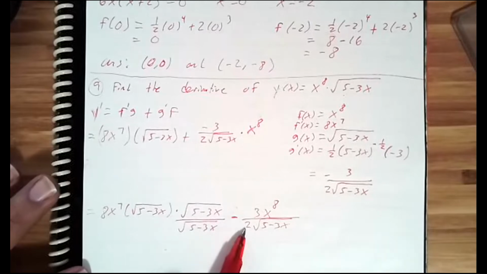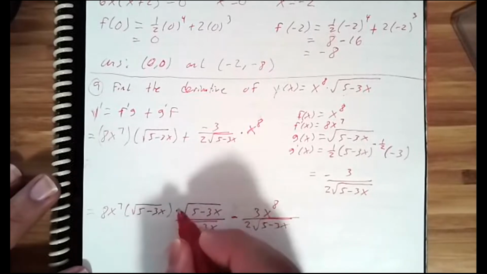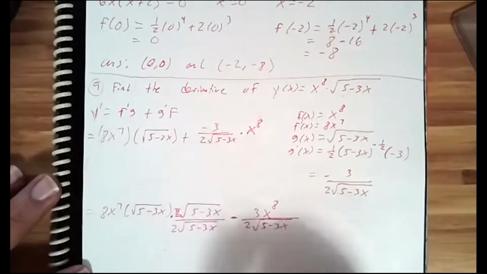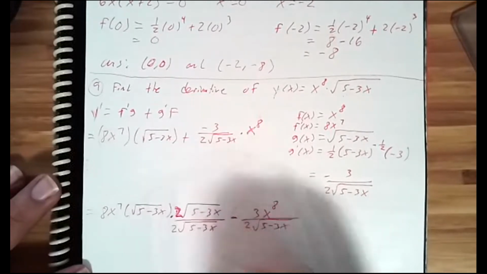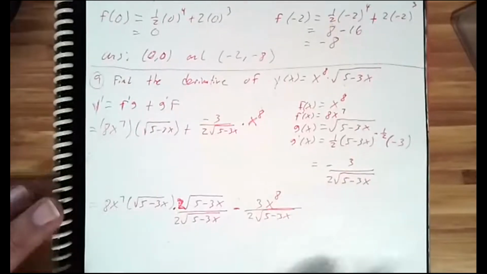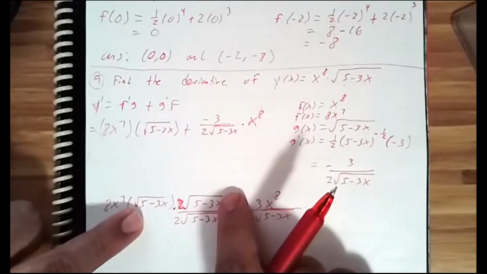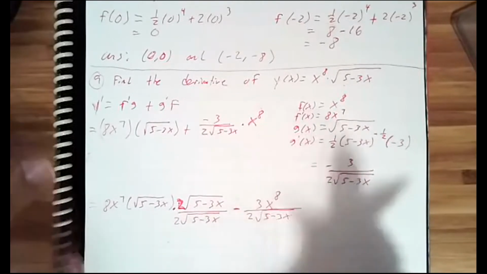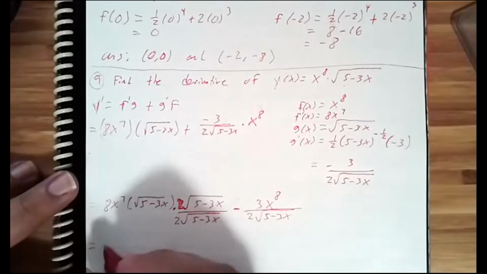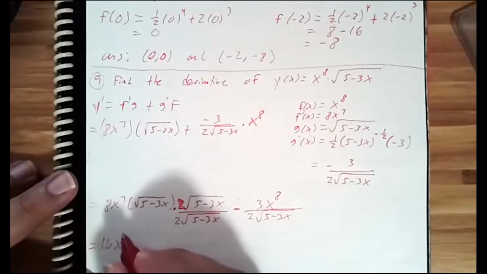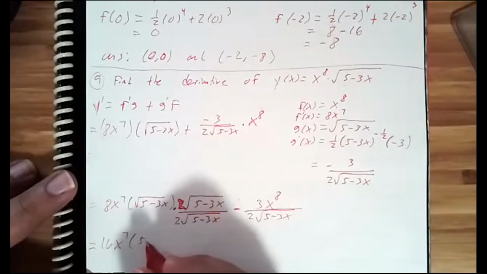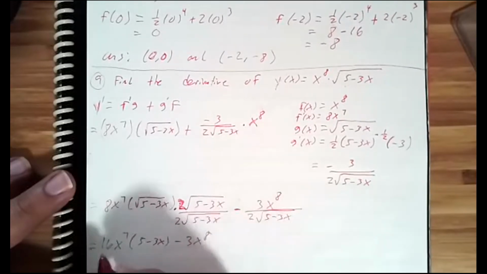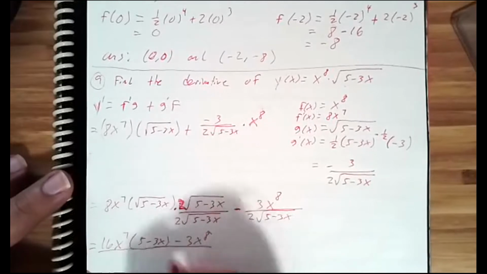Shoot, I need a 2, right? So I should put a 2 here and here. Okay, so these square roots will cancel out. This 2 will make that a 16, and then I can combine these together. So I'm going to have 16x to the 7 times 5 minus 3x minus 3x to the 8th over the common denominator.